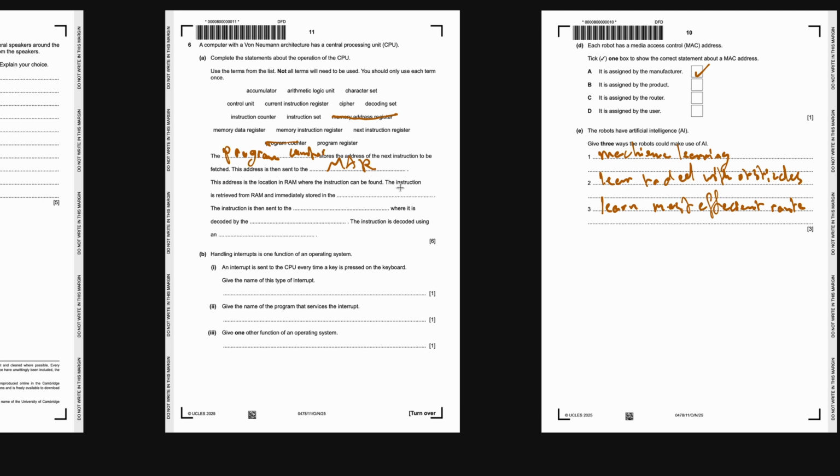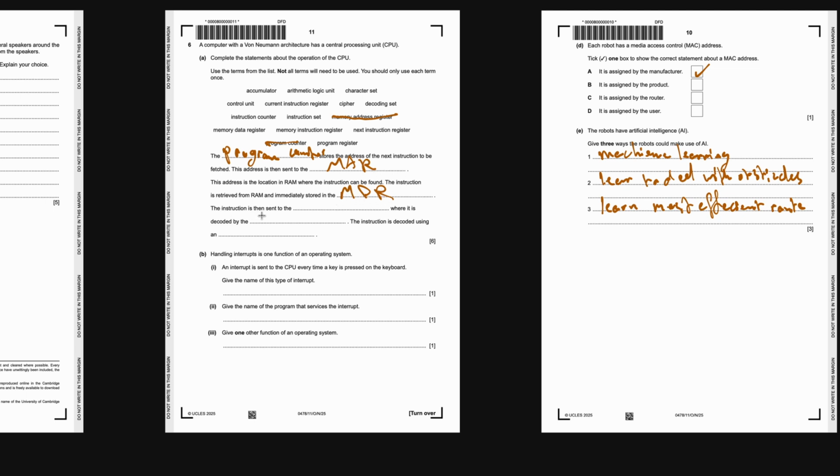Okay, the instruction is retrieved from the RAM and immediately stored in the... So we're storing the instruction, right? So that means that we're going to store it in the memory data register. We get the address in the MAR and then store the data in the MDR.